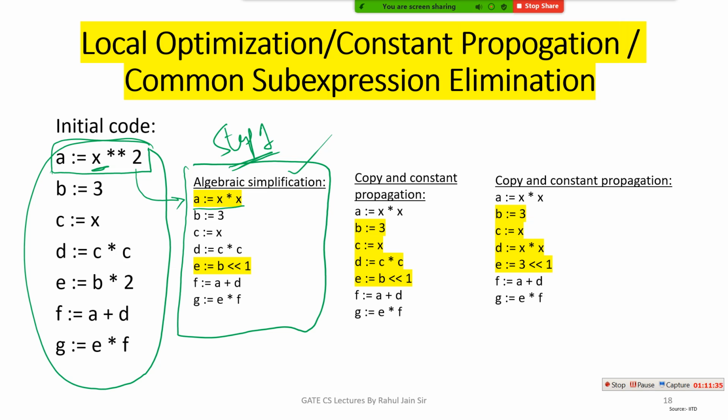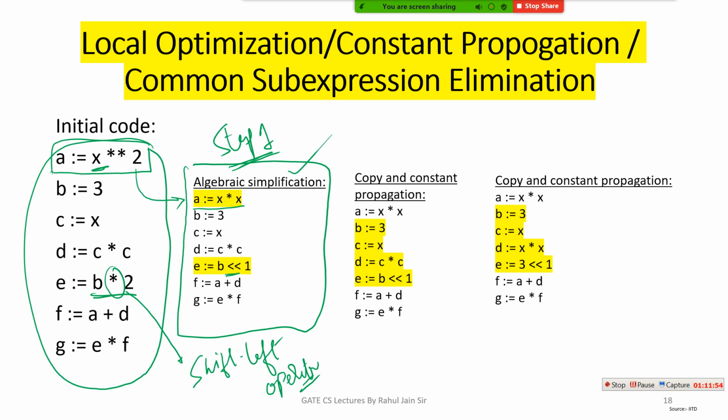Right? And as I already told you, b into 2 is there, so you can apply the shift left operator here. One by one we need to do it manually.